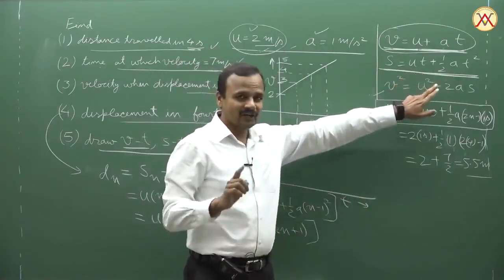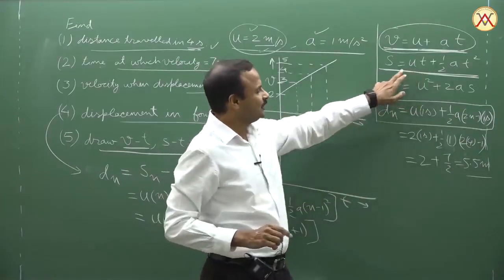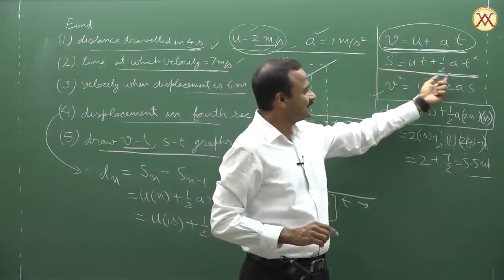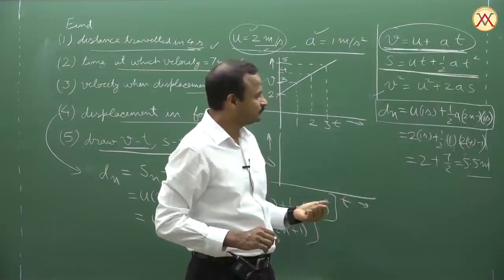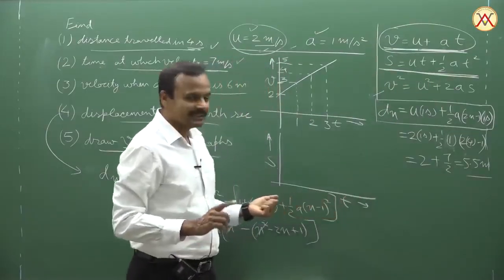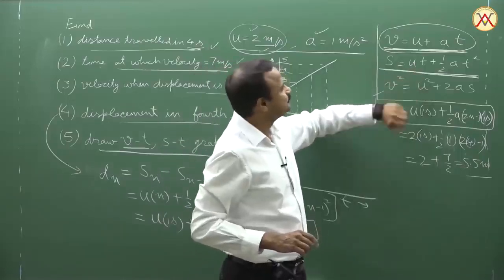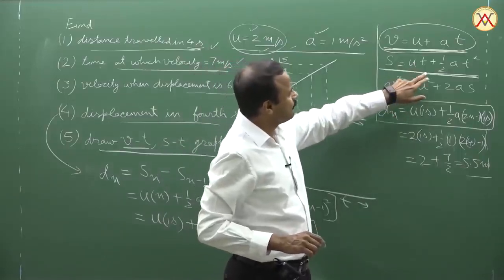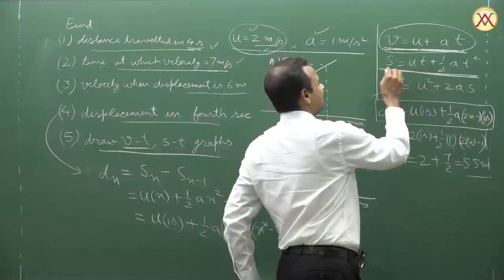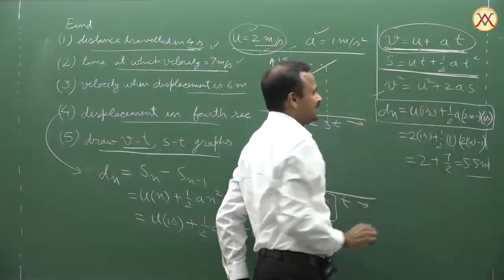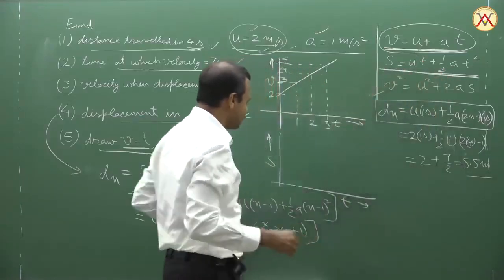This is certainly not a straight line graph, because S is a quadratic function of time. So this is a non-linear graph, it is a curvilinear graph. Secondly, the initial value of S, you can see, is 0. If you put t equal to 0, S is 0.